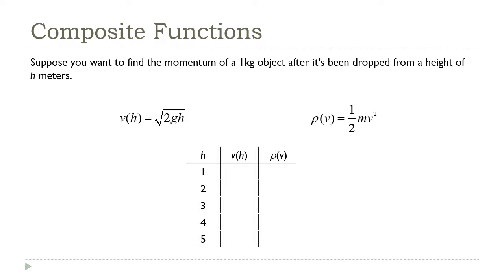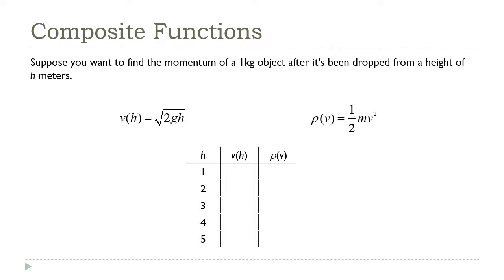So to motivate this, I've got a couple formulas here. And what I want to do is calculate the momentum of a 1 kilogram object after it's been dropped from a certain height, let's say h meters. And the problem is there really isn't a physics formula to do that.